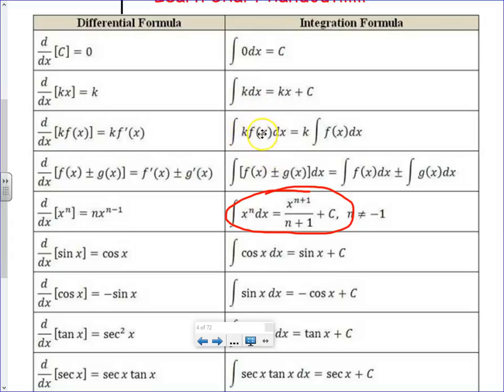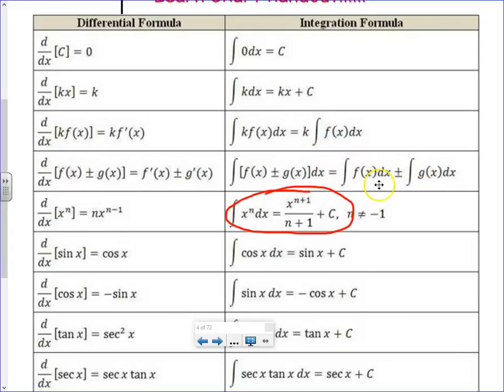This could be the constant multiple rule for integration because there's a coefficient of the function that we can pull out. Sum and difference rule for integration, how you can split up integrals and take them one function at a time. So these two are just saying how integrals behave. You can pull coefficients out and you can split up addition, subtraction.